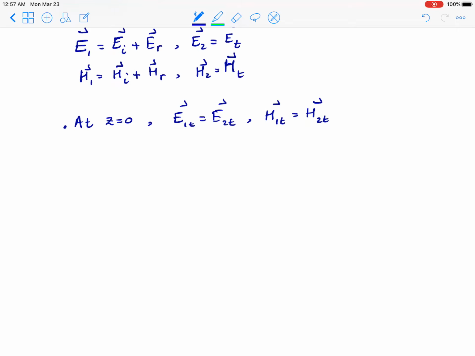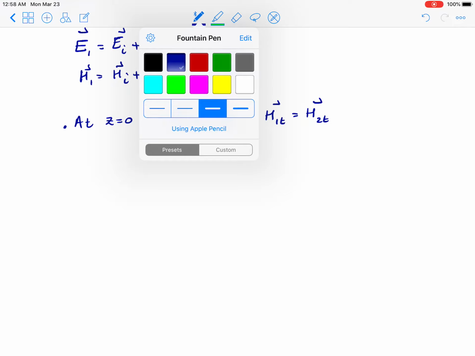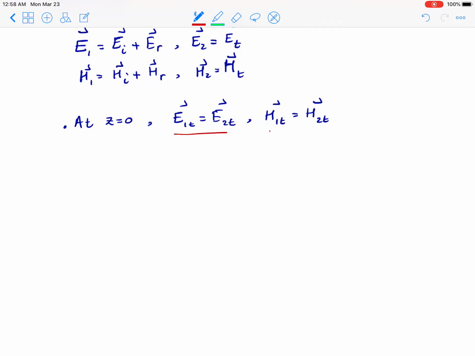So there is no need for decomposing the field in medium 1 into tangential plus normal components, and no need to decompose the field in medium 2 either. So we can apply these two conditions directly to the field expressions.